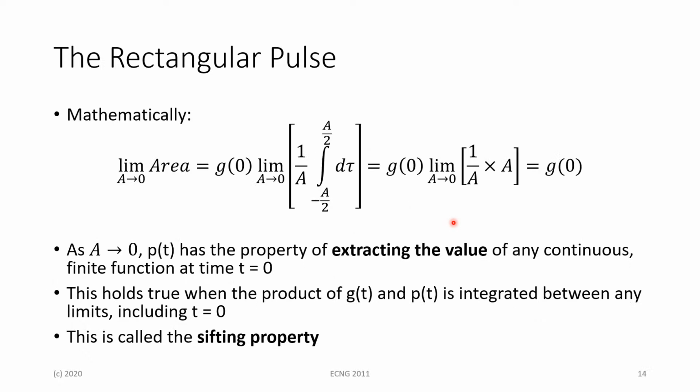So if we evaluate the limit and the integral, because we approach g of 0, we can extract this out. The limit as A tends towards 0 gives g of 0 times the limit of 1 on A multiplied by A when we substitute in these limits. This factor will just cancel out, and we obtain g of 0.